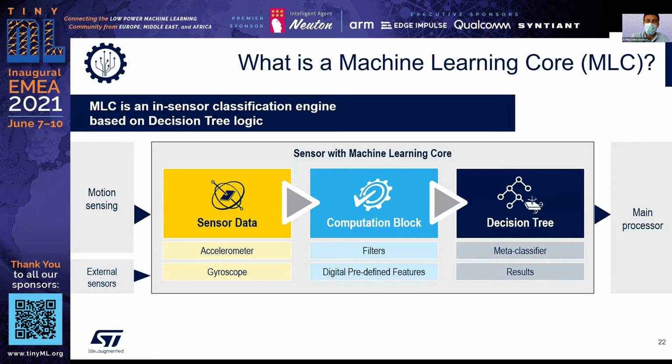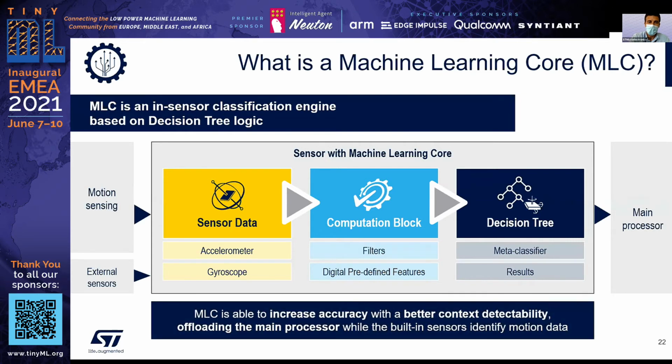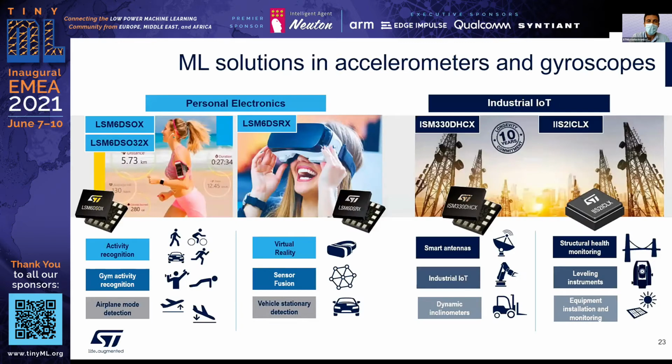By checking the results we can see on our sensor the decision made thanks to the decision tree. The data can then be provided to the main processor. This means that the whole machine learning that we are running does not need the main processor to run anything. It just uploads the data inside the decision tree and it's done. Once it's trained, it's done.